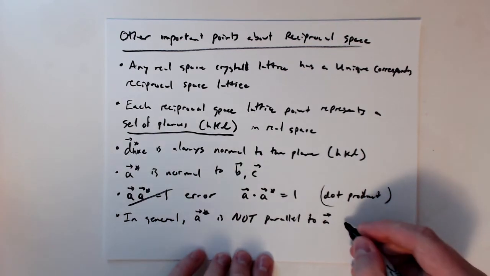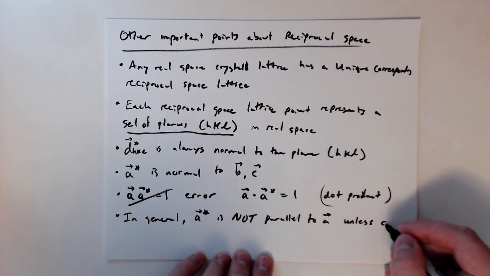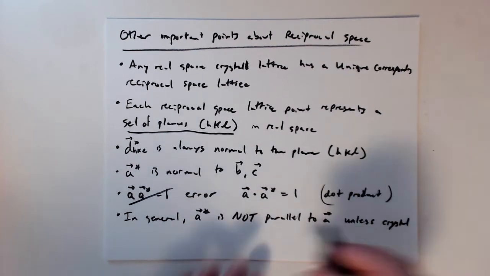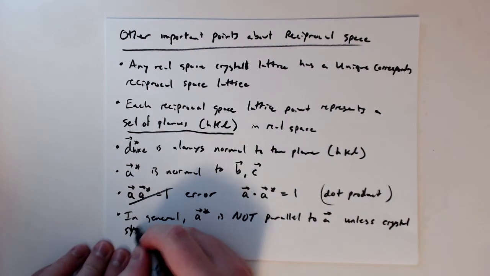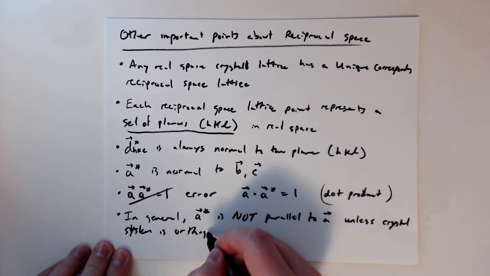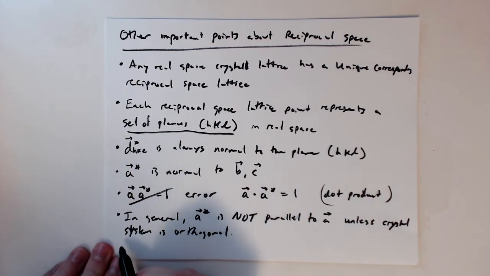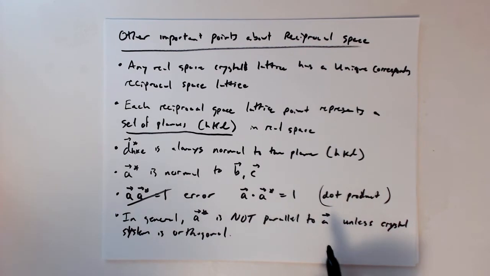This is only the case if the crystal system is orthogonal. So for things like the cubic system, they are parallel, but that's, again, not the case for all crystal systems.